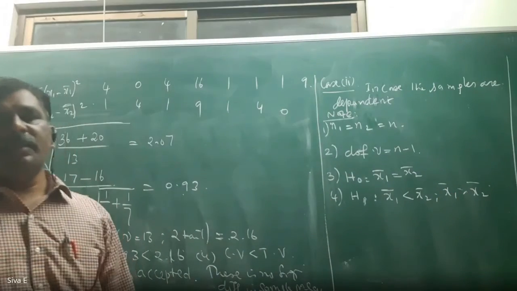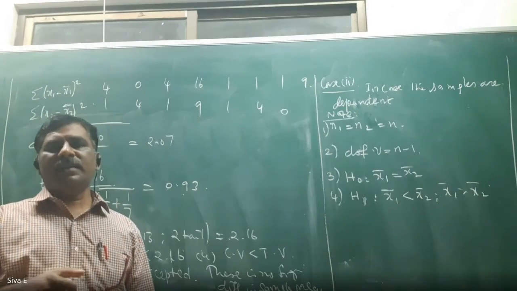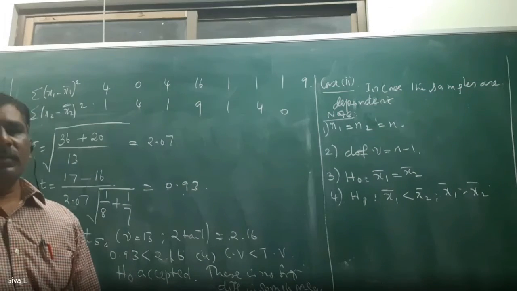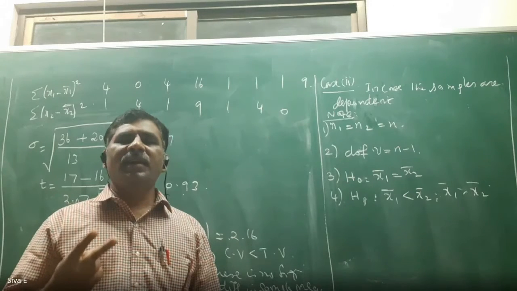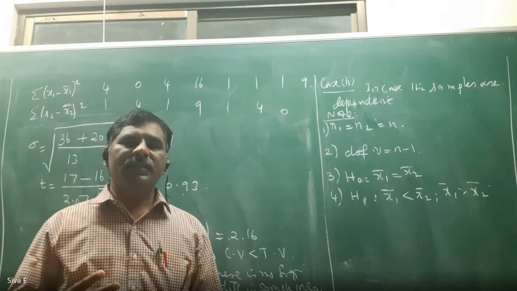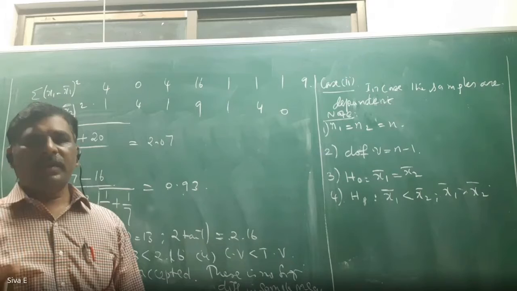Only two cases will be there, particularly for this dependent sample problem. The two-tailed test is not possible for the dependent sample. For the dependent sample, always a one-tailed test will be there.